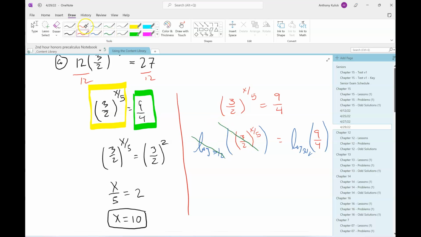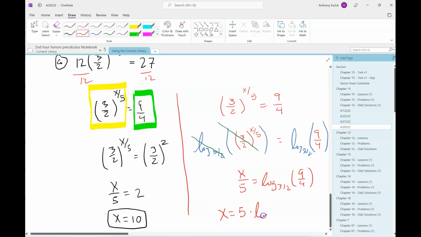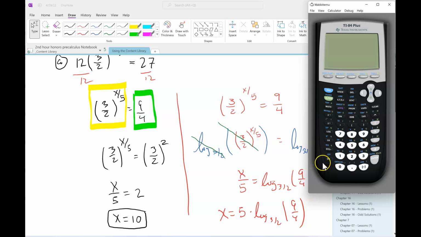Those cancel out. And we can multiply both sides by 5. And then it's just calculator time.